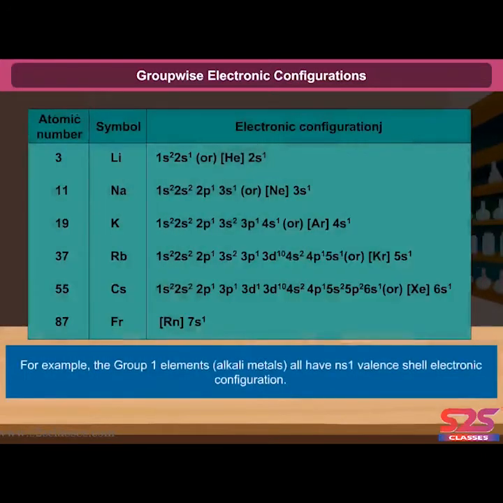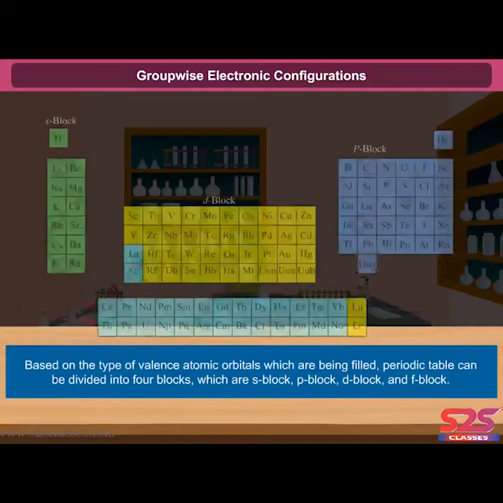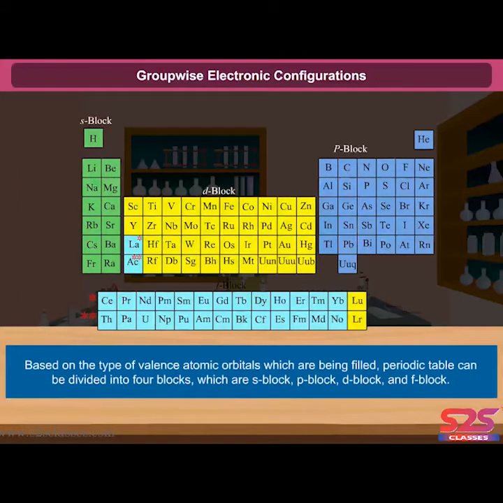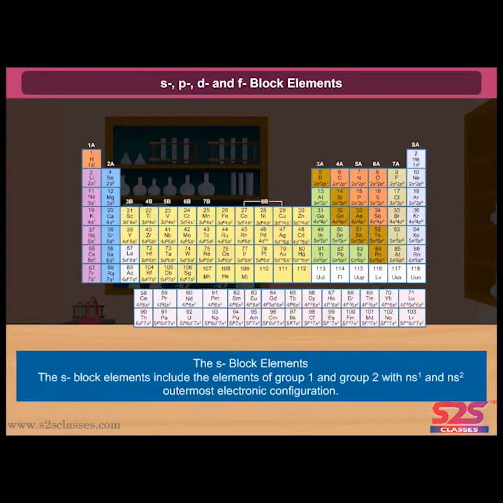For example, the group 1 elements, alkali metals, all have ns¹ valence shell electronic configuration. Based on the type of valence atomic orbitals which are being filled, the periodic table can be divided into 4 blocks, which are s block, p block, d block and f block. s, p, d and f block elements.